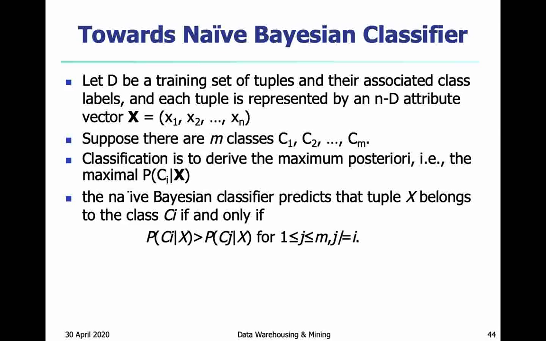Suppose that there are m classes C1, C2, Cm, and given a tuple X, the classifier will predict that X belongs to the class having the highest posterior probability conditioned on X. So the naive Bayes classifier predicts that the tuple X belongs to the class Ci if and only if P(Ci|X) is greater than P(Cj|X), where j is from 1 to m and j is not equal to i.